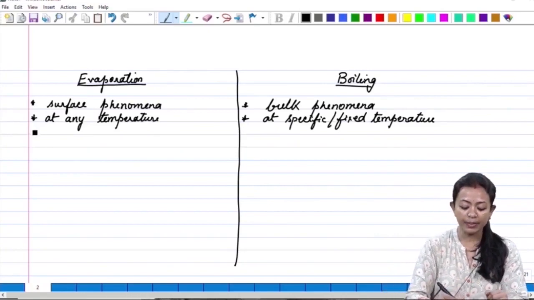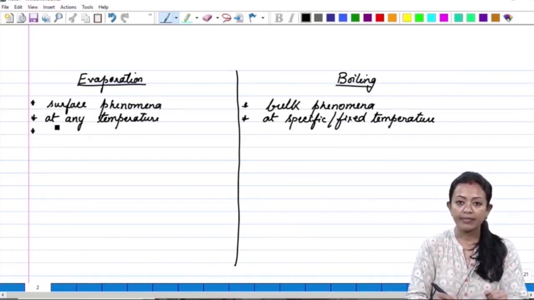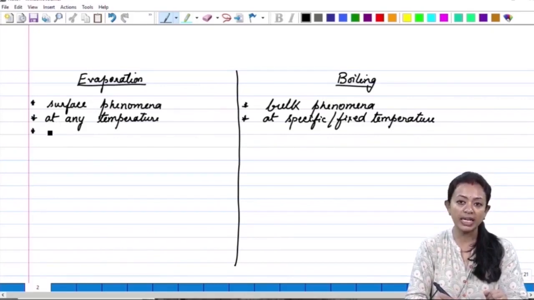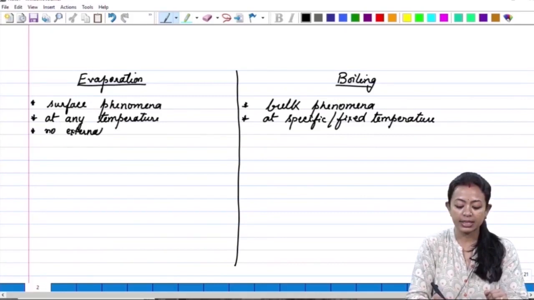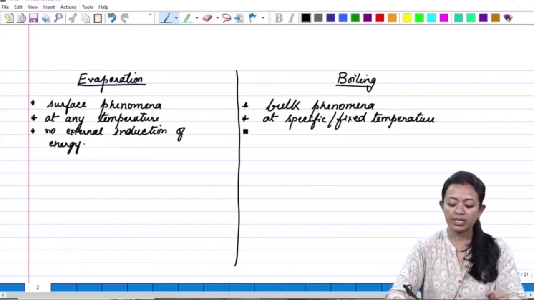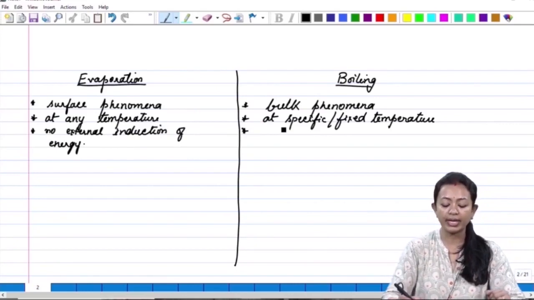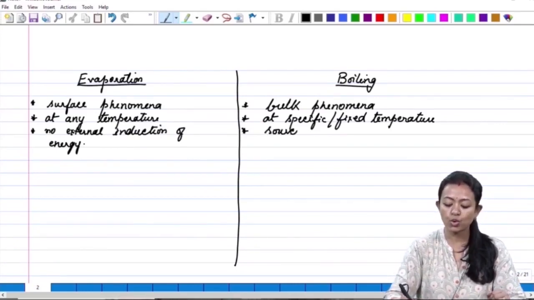In case of evaporation, there is no requirement of external induction of energy. Whereas in case of boiling, there has to be a source of heat energy.